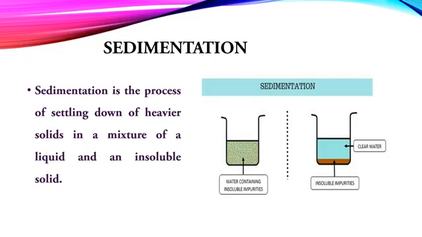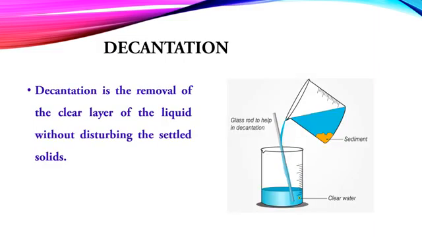After sedimentation, we get two layers. The upper layer is of clear liquid and the lower layer is of sediment. After settling down the sediment, the water forms a clear layer at the top. This layer of water can be removed without disturbing the sand at the bottom by a process called decantation.